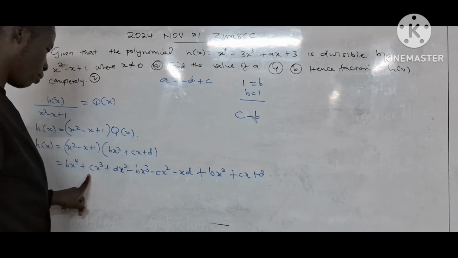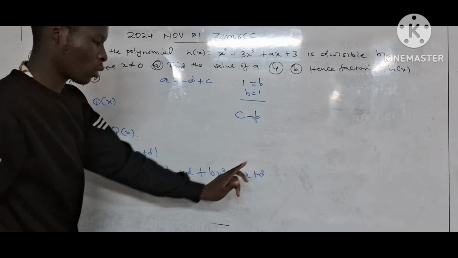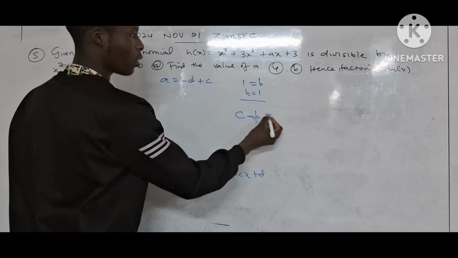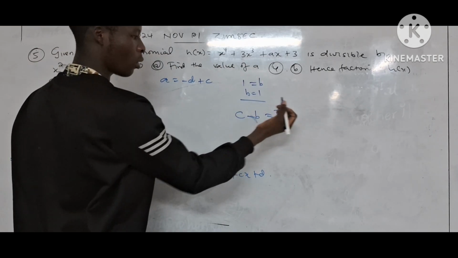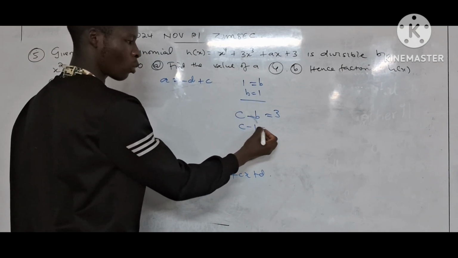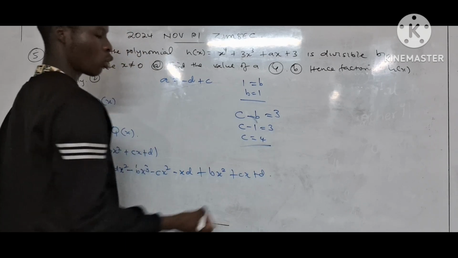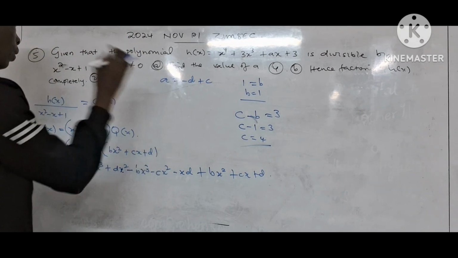So this is equal to 3. But b is 1, so c minus 1 is equal to 3. So c is equal to 4. Okay, so now I have the value of c.